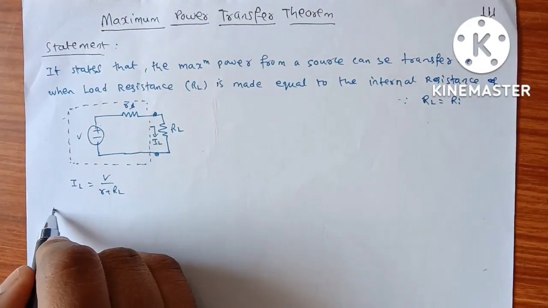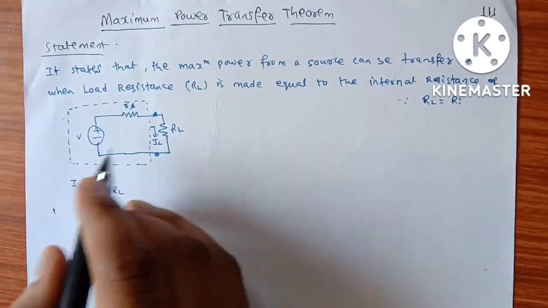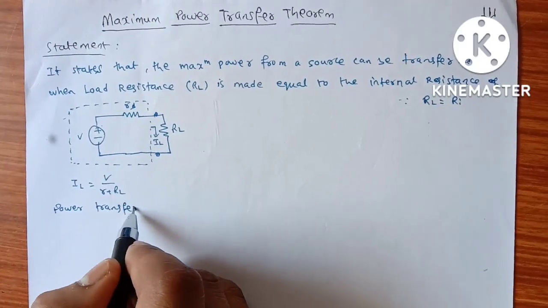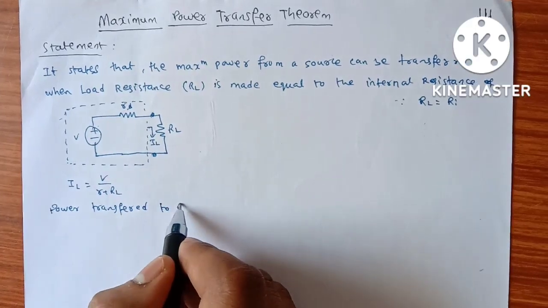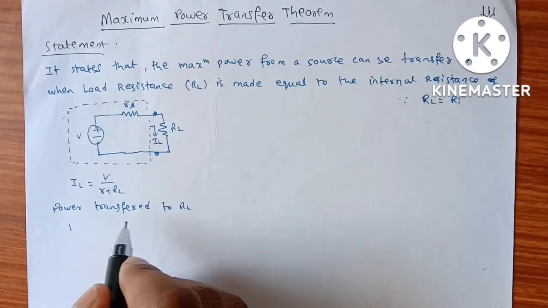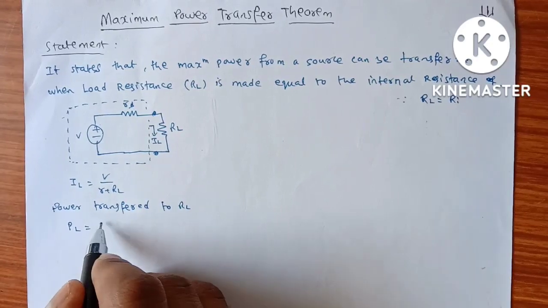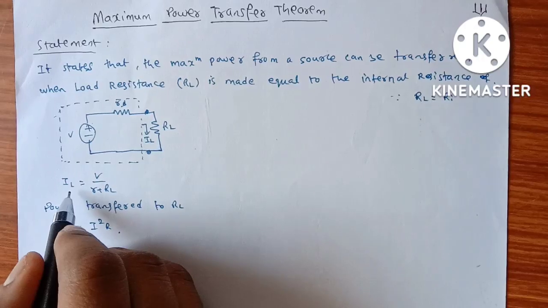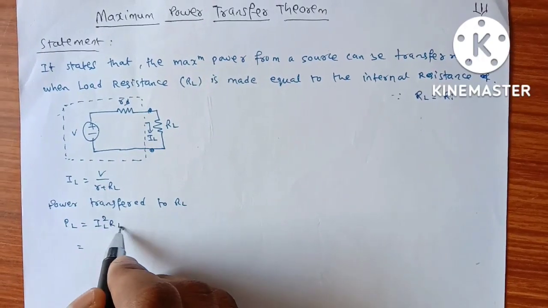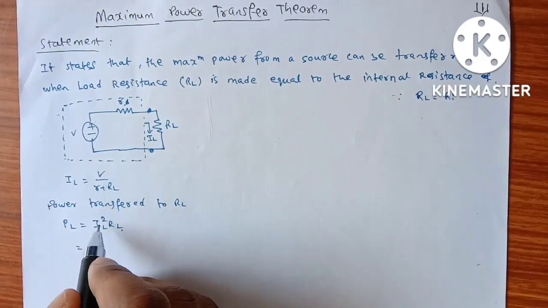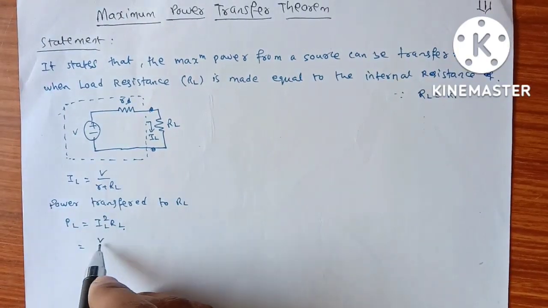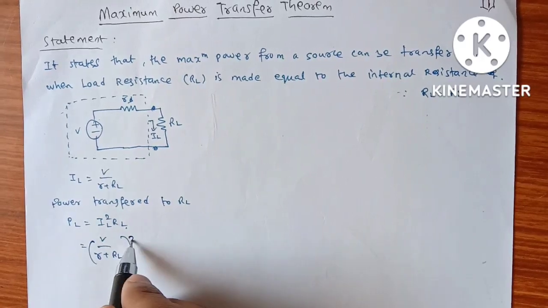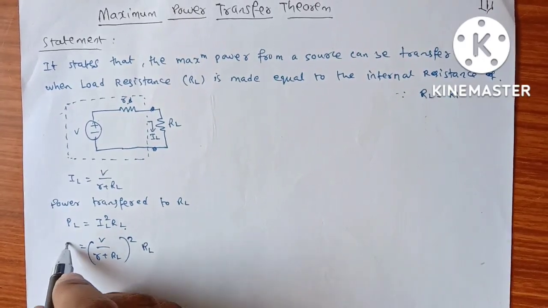Now let us take the power transferred to RL, which is given as PL is equal to I square into R. Here, IL square into RL. Here we derived IL equals V by (R plus RL) whole square into RL, which is PL.